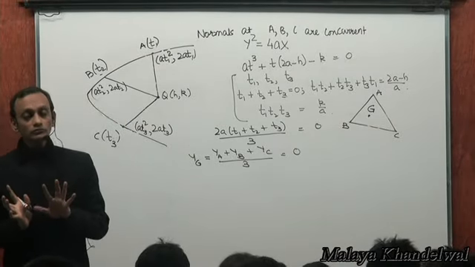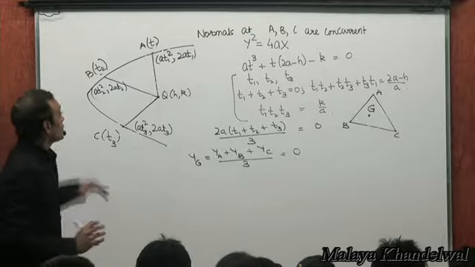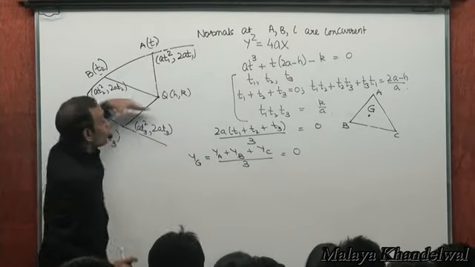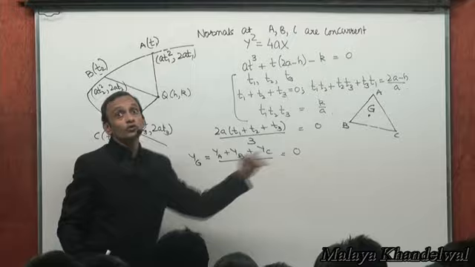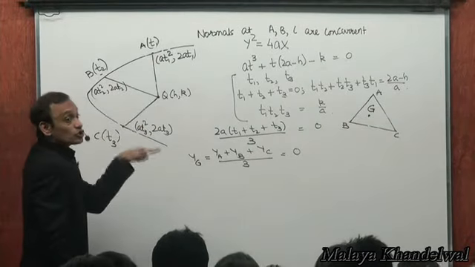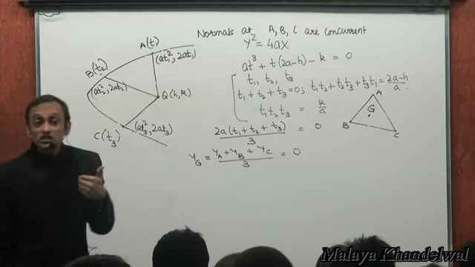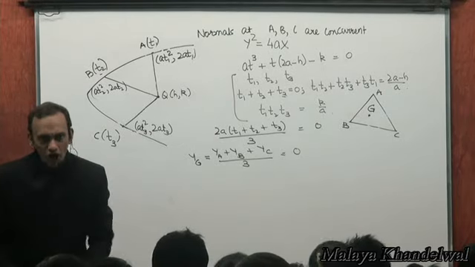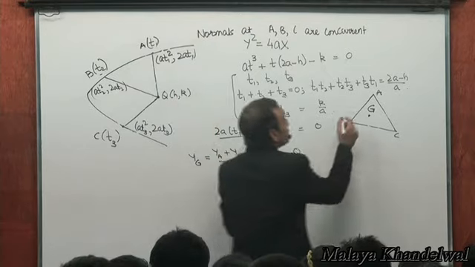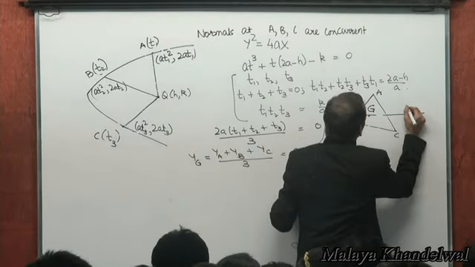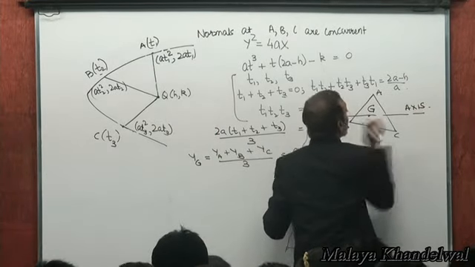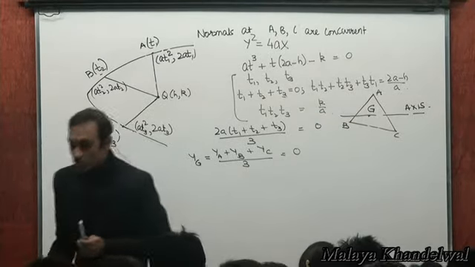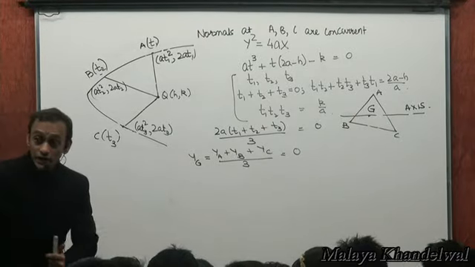Now, the physicality must be understood. This was a standard parabola. What is yG equal to 0? That means G, the centroid of ABC, lies on the x-axis. Right? On the x-axis means the axis of the parabola. So write down.